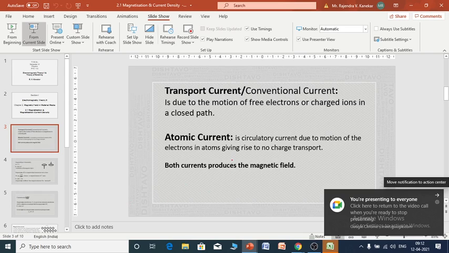If you try to substitute these, they turn out to be the components of the cross product, and we can write this as the cross product of del and M. So we have proved that Jm equals curl of M. The magnetization current density is the curl of the magnetization.